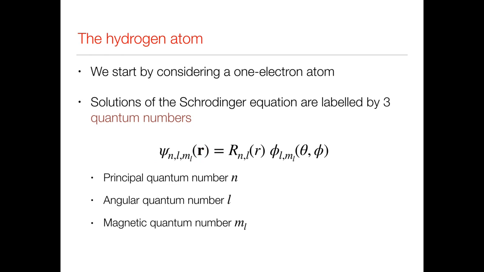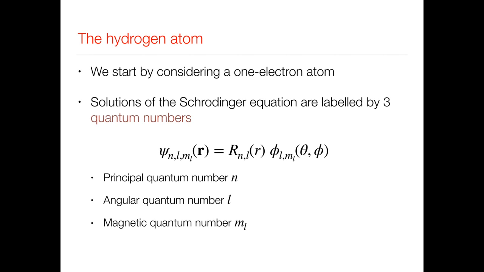And I will try to write it as a function that depends only on the distance from the nucleus, so on the scalar coordinate r, and also an angular part, a part that doesn't depend on the radius, but depends on the longitude and latitude, if you like, theta and phi. Okay, so this function phi describes the angular dependence of the wave function.